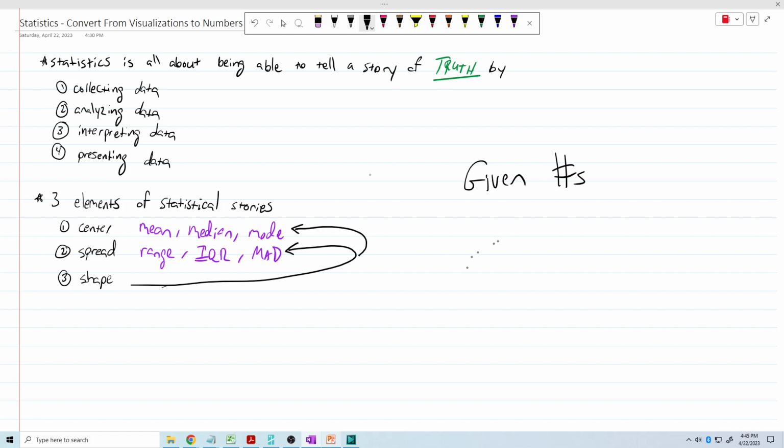Now we're going to be given our shapes, our charts, and then determine our centers and our spreads. We have come so far on this journey of statistics. There's still much more to go, but I want to spend today doing a few examples of how you would do that.